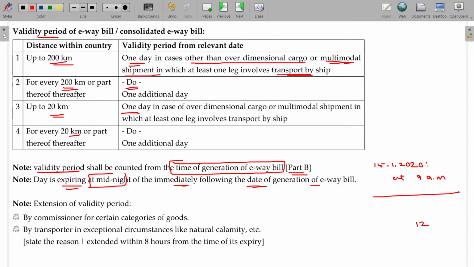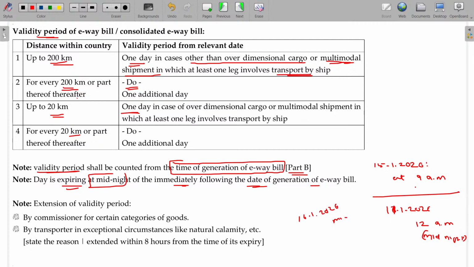Is midnight 12 a.m. or p.m.? Okay, 12 a.m. That is midnight. The following date is 16th Jan 2026. So you leave this date and the next date, 17th Jan will be the deadline.